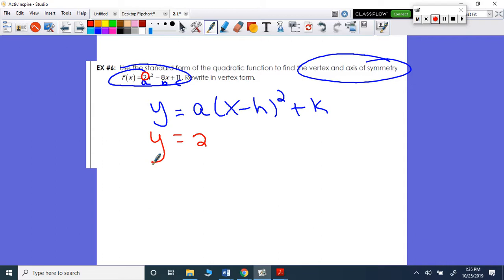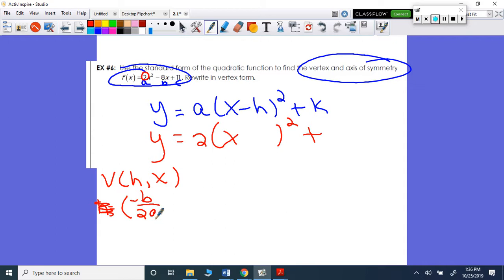Okay. Now I need, though, h and k. But I have the tools to find it. Because h and k are our vertex that come from, remember, negative b over 2a, and then plugging that into our original. So, what would I plug in for b and a to find negative b over 2a?